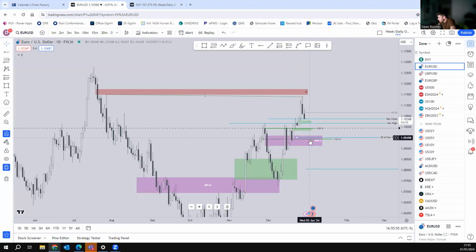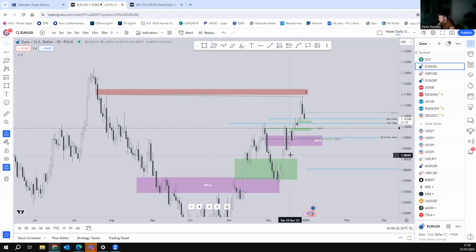If price did come down here, you would want that to bounce out of there. This line was the consequent encroachment of that wick. So again, if it got all the way down here, I wouldn't want to see it close below here. There's this balanced price range in here that should support price. You've got a fair value gap in here.